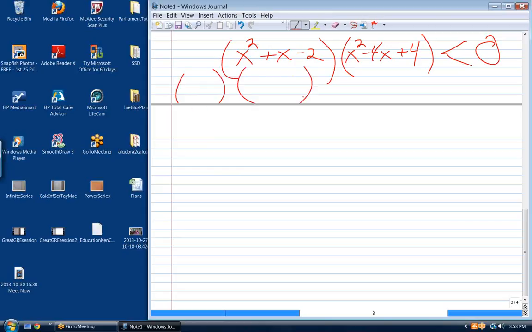Now, do we need to factor it? Yes, because we need to figure out our critical points. In other words, we can't start substituting values directly in here because we don't know where our critical points are on the number line. So this one factors how?